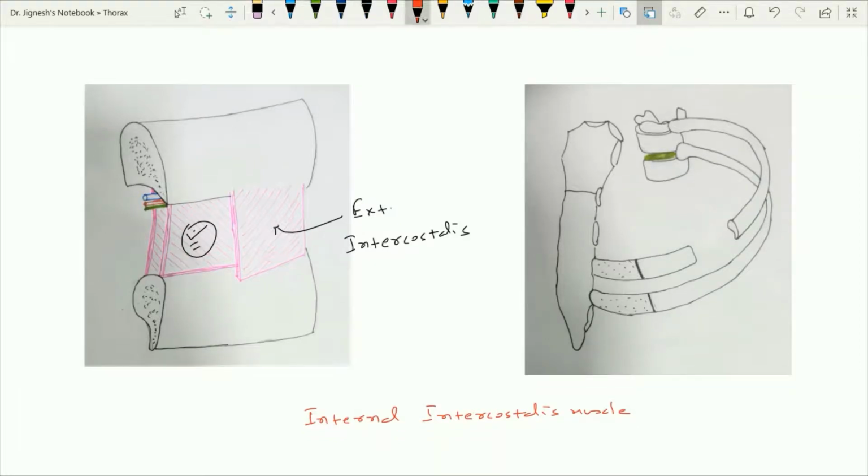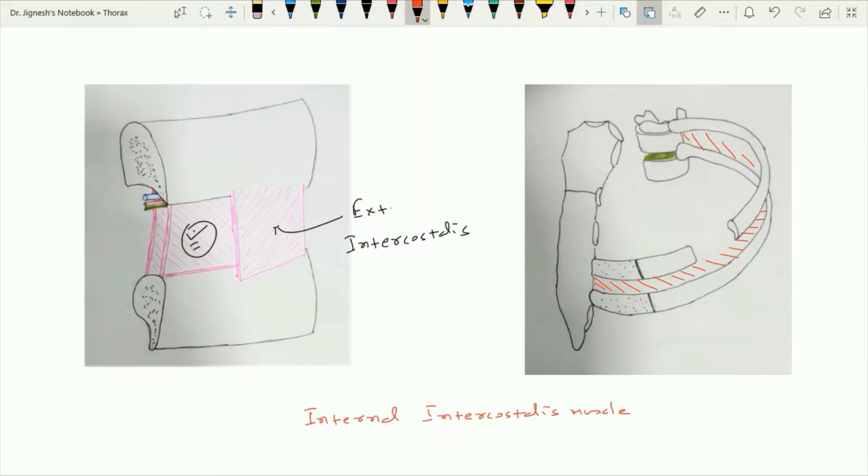When we see this internal intercostalis muscle, anteriorly this muscle is fleshy in nature, the opposite of the external intercostalis, which is membranous in the anterior part and forms the anterior intercostalis membrane, while this internal intercostalis muscle is fleshy in the anterior part and membranous in the posterior aspect.